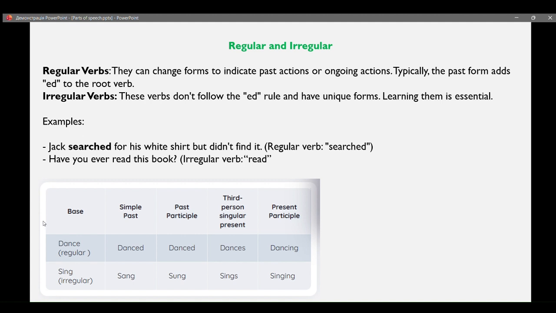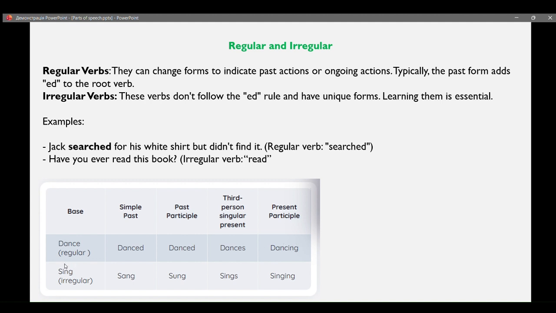We also have here two words, dance, regular, and sing, irregular. Here we see that danced did not change a lot. Just here we have ed. Third person singular present is he, she, it, dances. And for present participle we have dancing, ing ending.